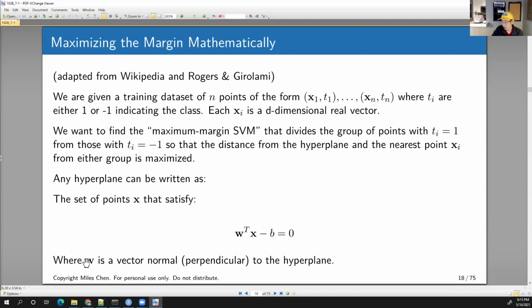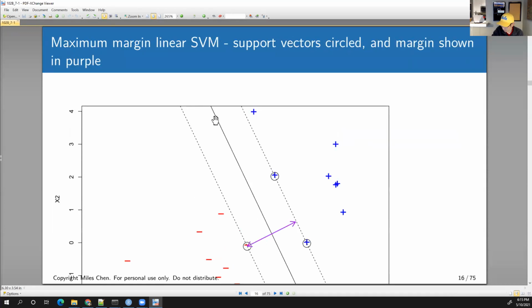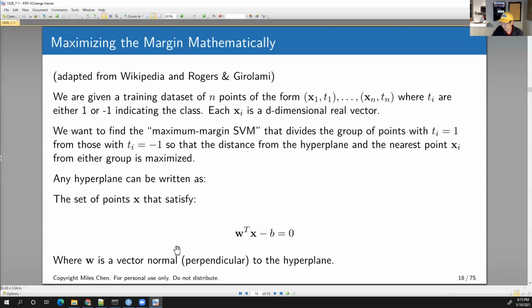We're looking for the points x that lie along this line, such that when I multiply some vector W times x, and subtract off some constant, it's going to be equal to 0. So this is how we're going to define our line.